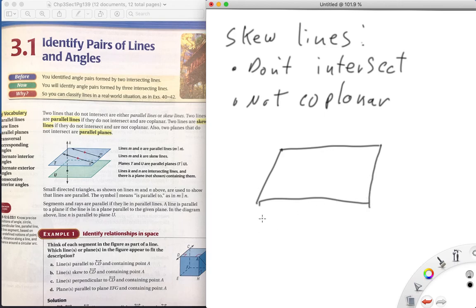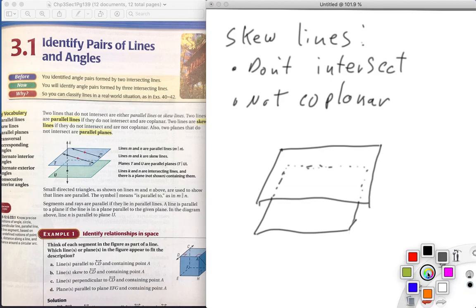We have this other plane underneath here. They're not touching each other. We have a line in the first plane on top where we go in this direction.